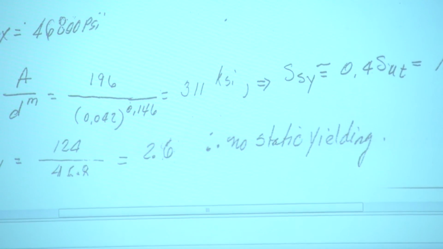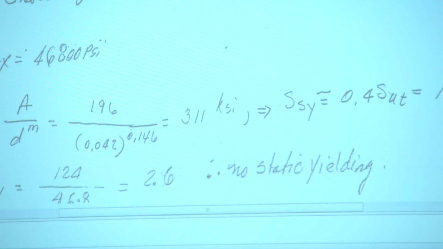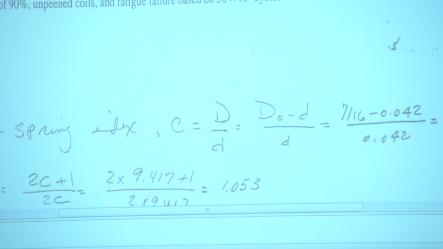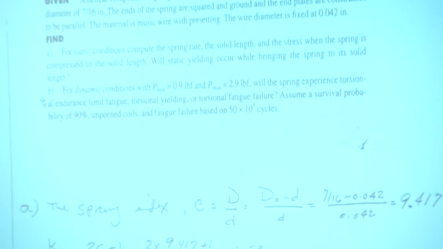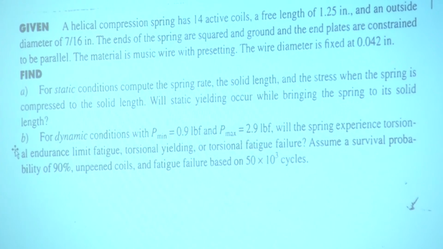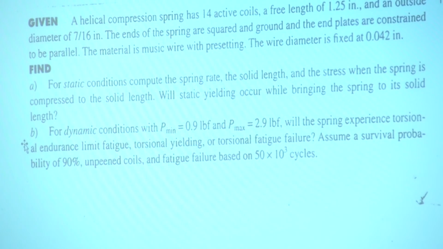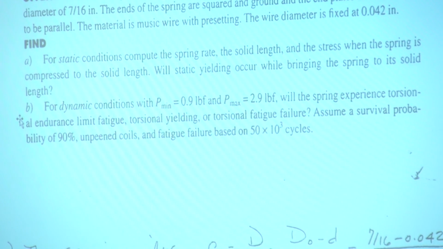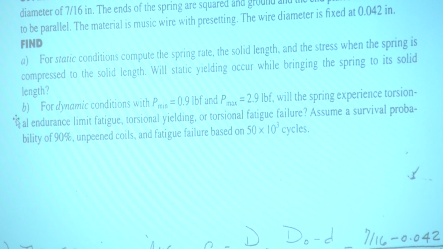Now, the second part of the problem says B, for dynamic conditions with P min equal to 0.9 pounds, P max equal to 2.9 pounds, will the spring experience torsional endurance limit fatigue?